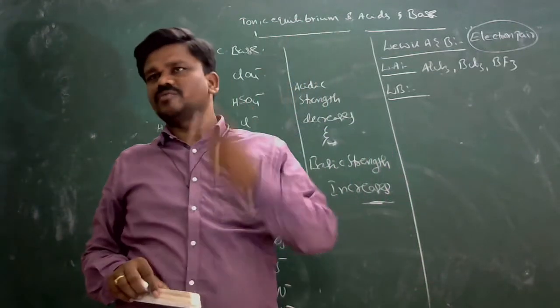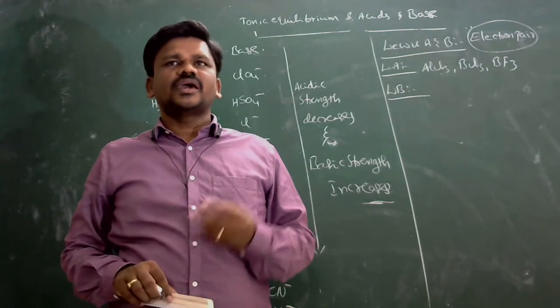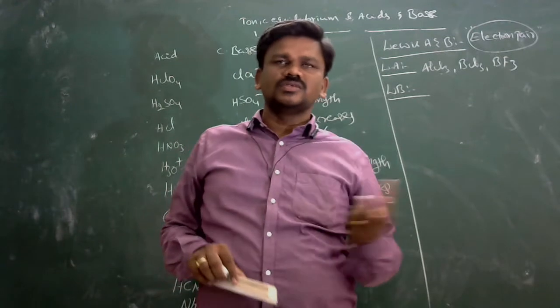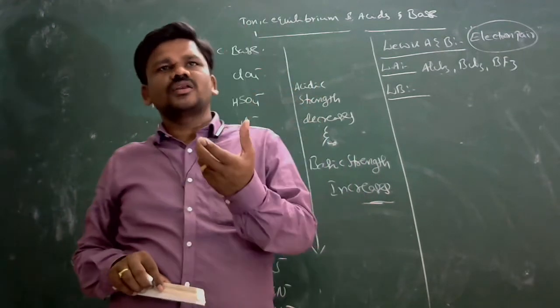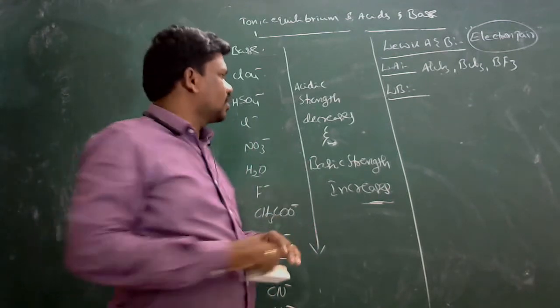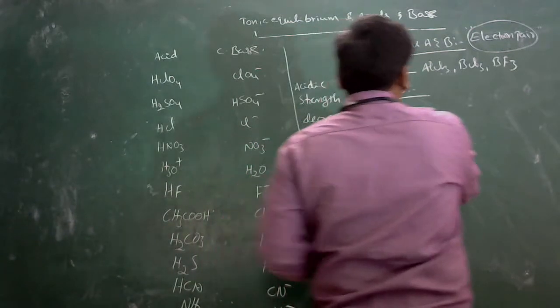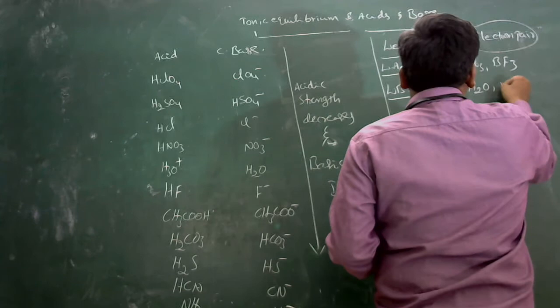Two terms are defined: Lewis acid and Lewis base. A substance that accepts an electron pair acts as a Lewis acid. A substance that donates an electron pair to form a coordinate covalent bond acts as a Lewis base. For example, Lewis bases are NH3, H2O and HF.